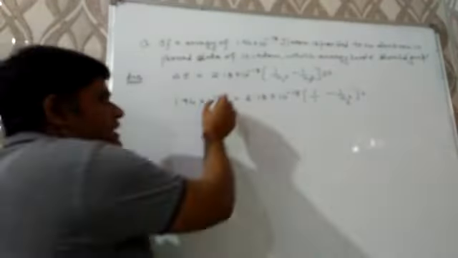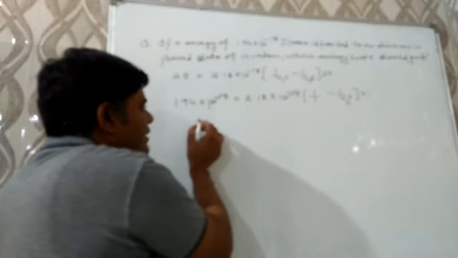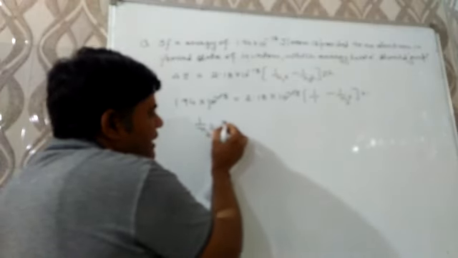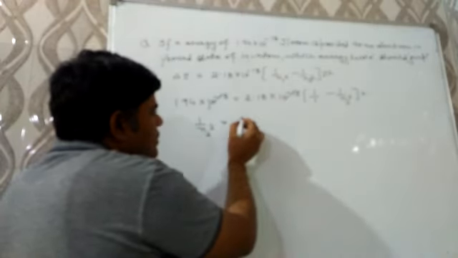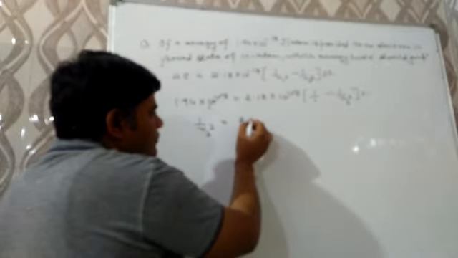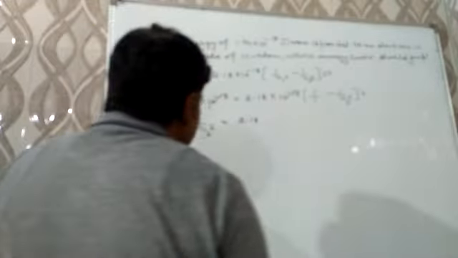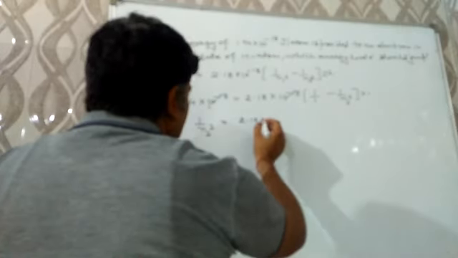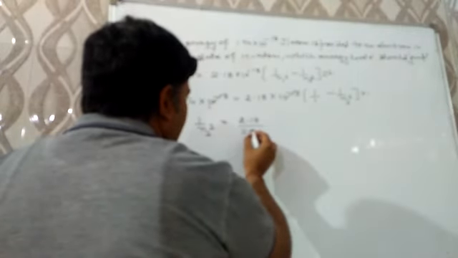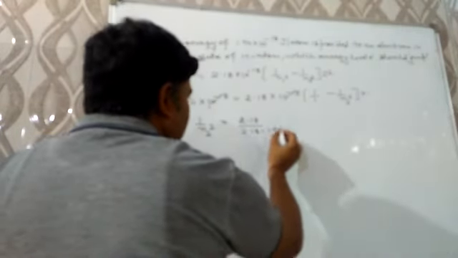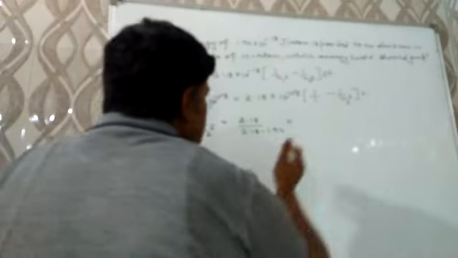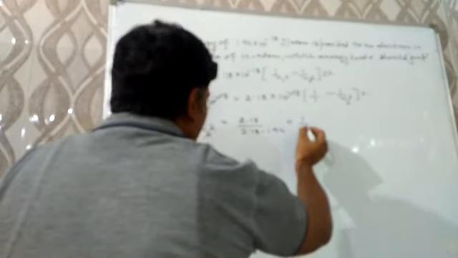On cancelling 10 to power minus 18, we get 1 by n2 square is equal to 2.18 minus 1.94 over 2.18, and that approximately comes out to be 1 by 9.